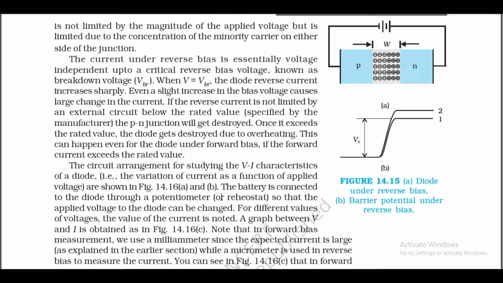The battery is connected to the diode through a potentiometer or rheostat so that the applied voltage to the diode can be changed. For different values of voltage, the value of current is noted. A graph between V and I is obtained as in figure 14.16.